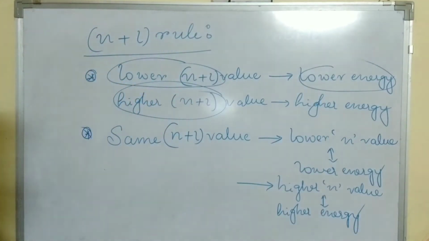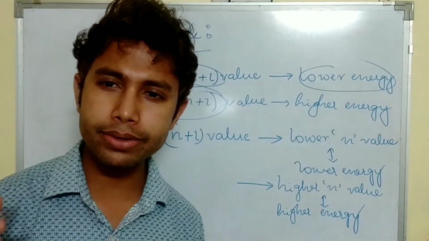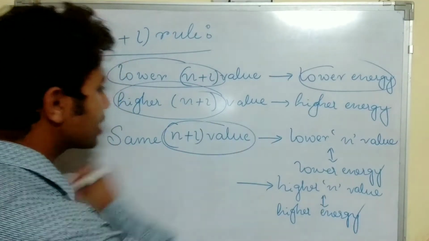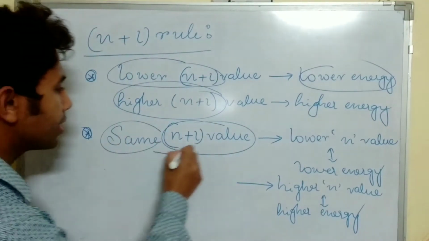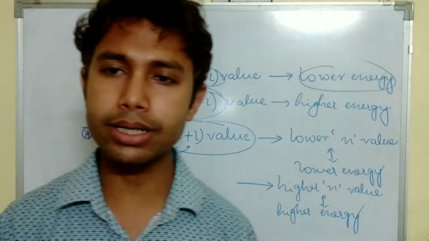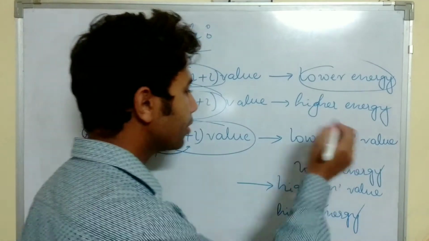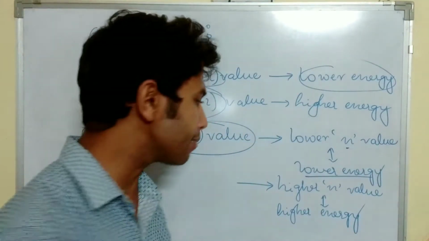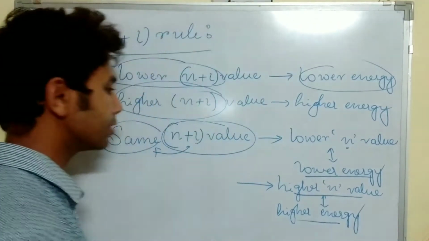So if we have two orbitals where the n plus L values are the same, then the orbital with lower n value will have lower energy, and the orbital with higher n value will have higher energy.